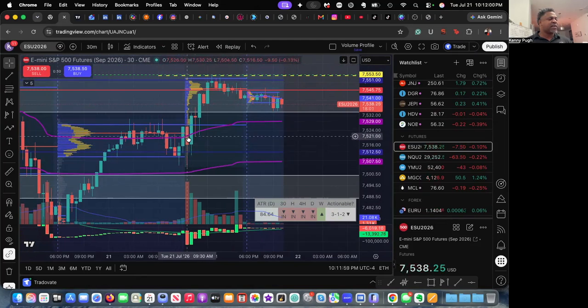And then when the 9:30 New York session started, we saw this push from down to up, down to up, down to up, and that would have been the initial move to take. And then all of a sudden, we got this slow fade back down to in the day. But that's kind of what happened for ES.